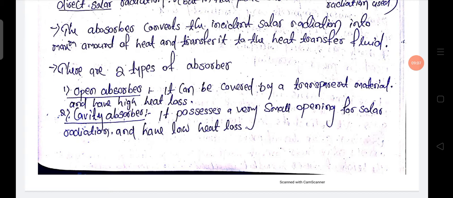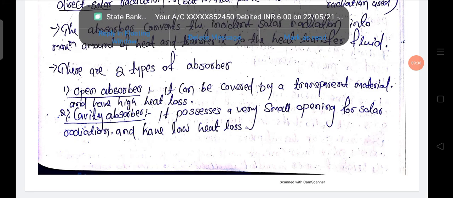In open absorber, the absorbing pipe is open or can be covered by a transparent material. Due to it being open, the heat loss is also very high.